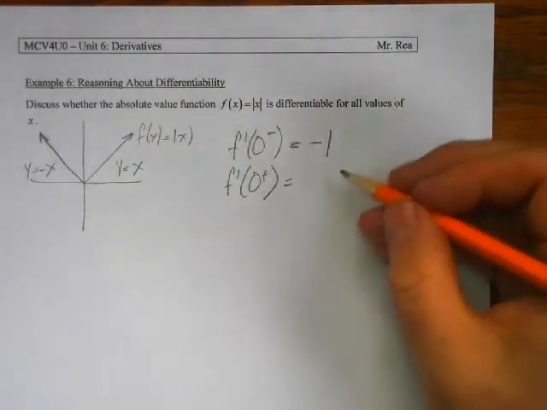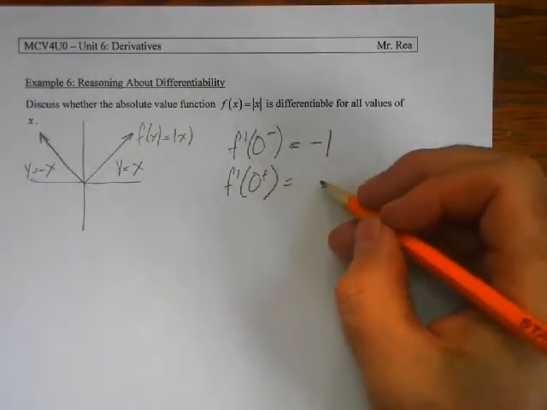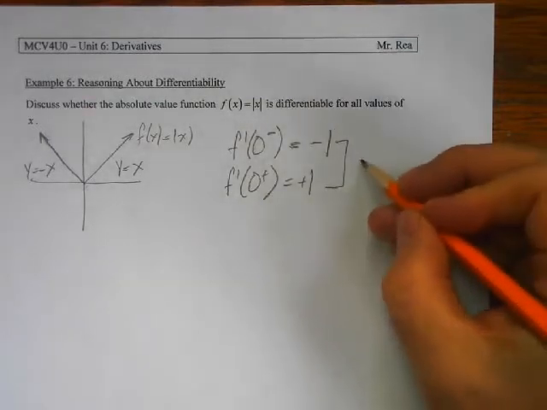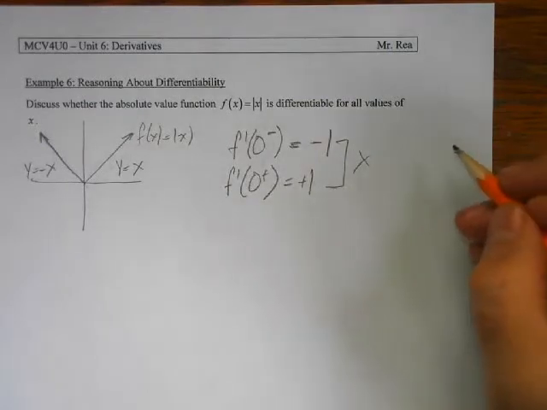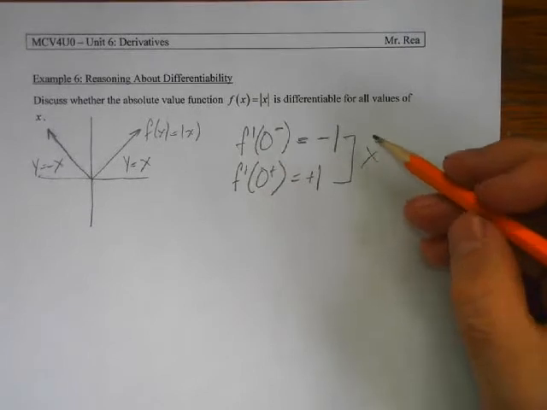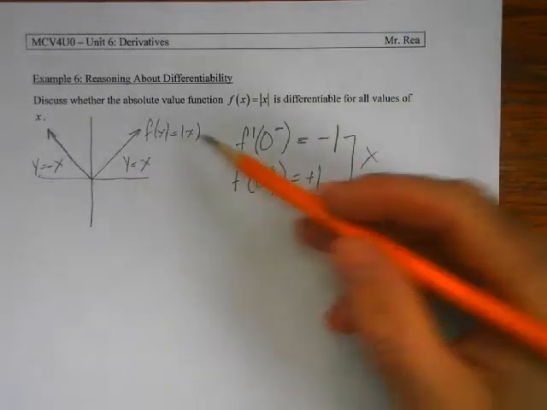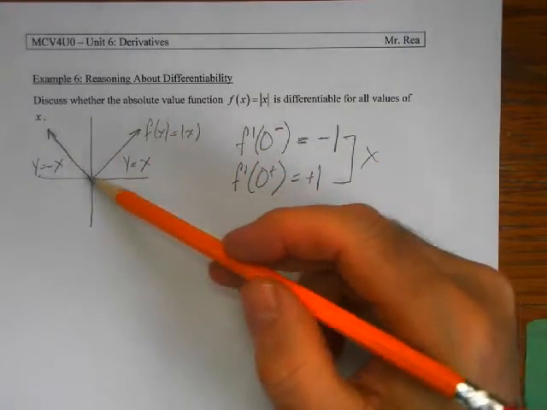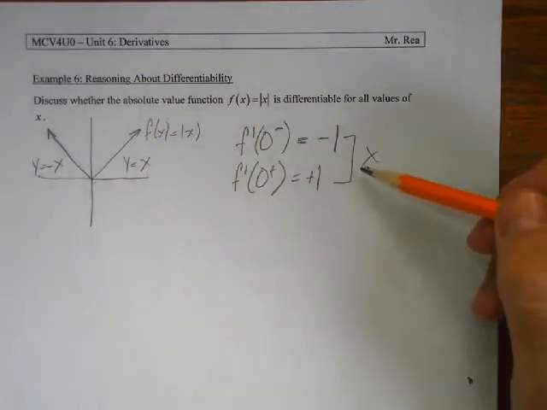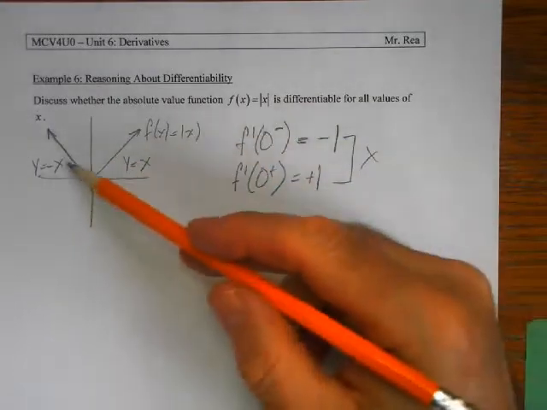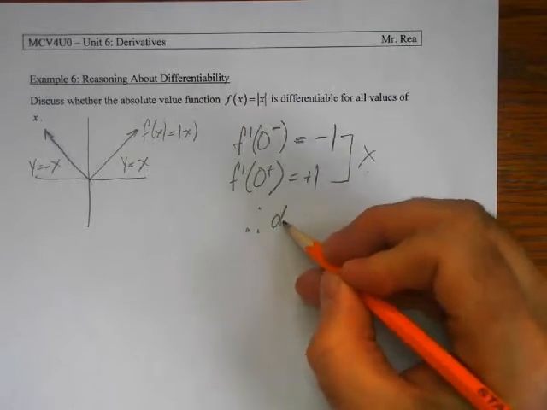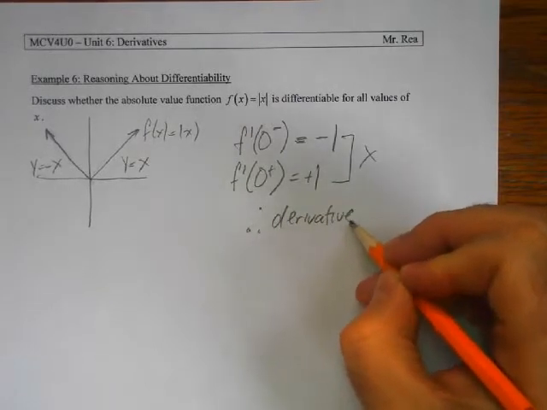Okay, obviously these two values don't match. So we're doing almost the same thing we did with limits, but it's not the same as limits because you would say the limit exists, but in this case the derivative does not exist because the derivatives aren't approaching the same from both sides. So in this case, the derivative does not exist at x equals 0.